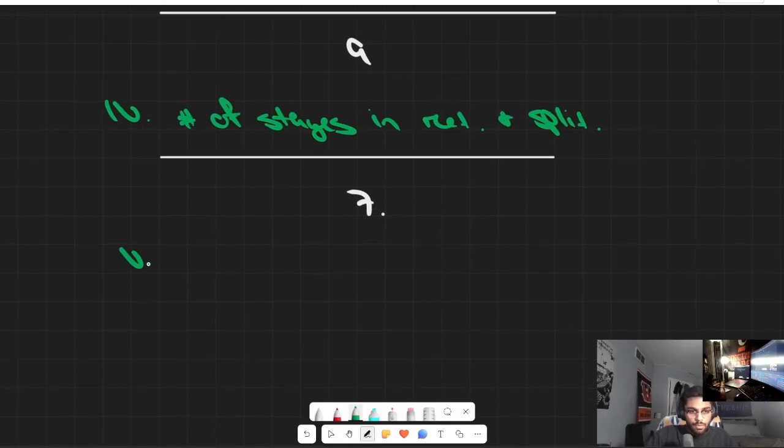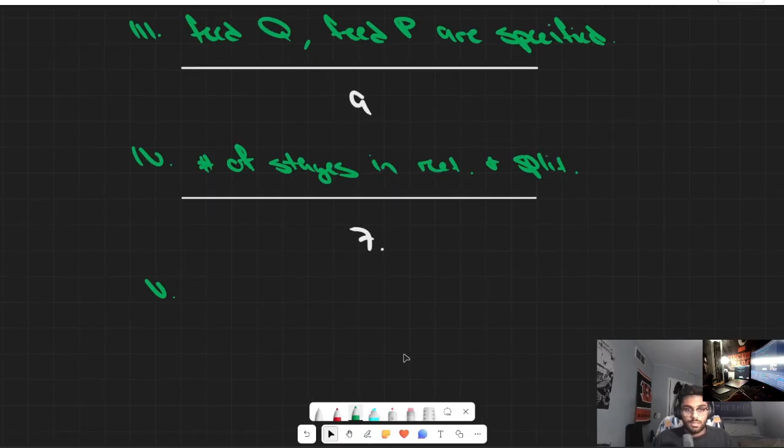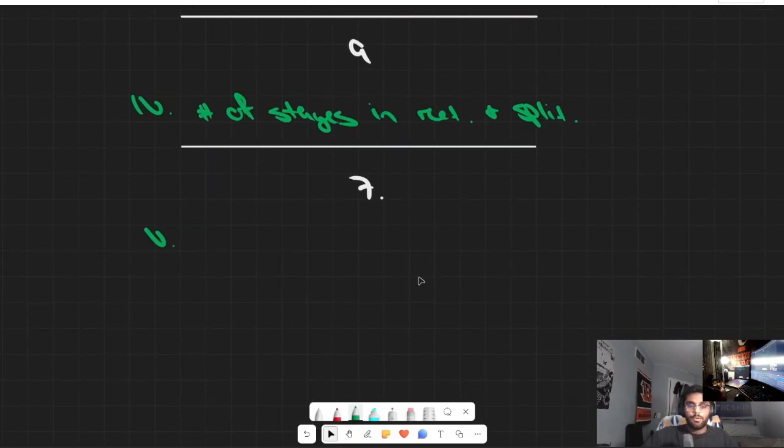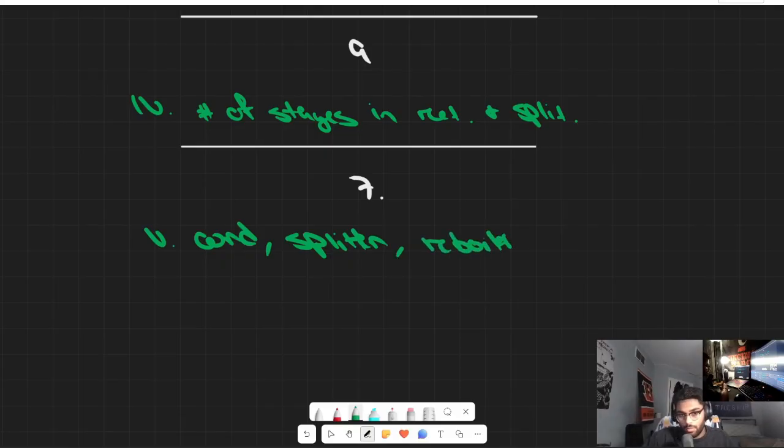Now, at this point, we look towards our condenser, our feed stage, and our reboiler. So this is for the condenser, splitter, and the reboiler, and the P is determined.